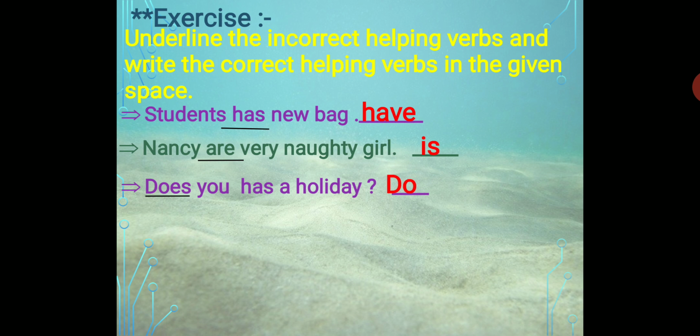So instead of does, we use do with you: you have a holiday. Next, I were absent yesterday. Yesterday means past time, and where is the wrong helping verb? So we underline were, and what is the correct one? Was.